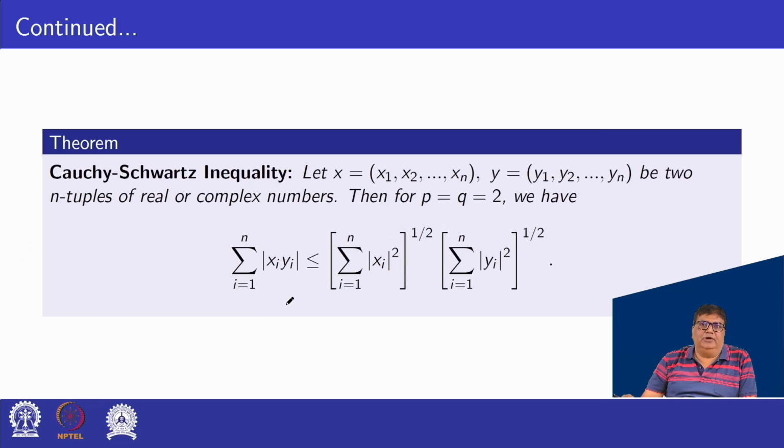In Holder's inequality, if we take p is equal to q is equal to 2, then we have summation i is equal to 1 to n, mod xi yi, less or equal to summation i is equal to 1 to n, mod xi square, whole power 1 by 2, into summation i is equal to 1 to n, mod yi power 2, whole power 1 by 2, for special value of p and q as 2.